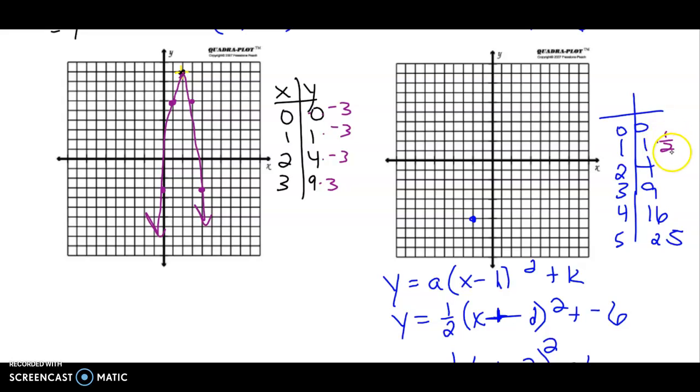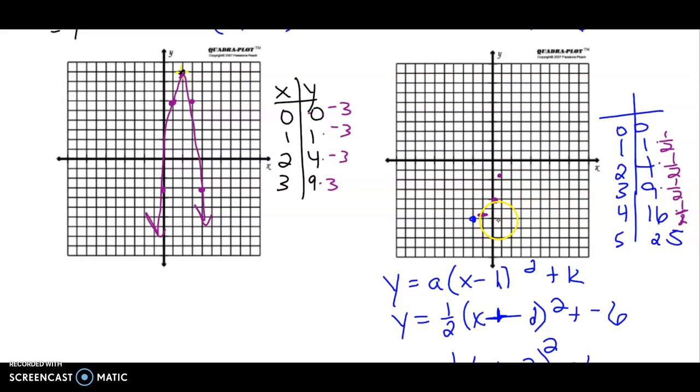So times half. Cut it in half. And so on. So instead of 1 squared is 1, it's going to be 1 squared is 1/2. 2 squared instead of 4, it's going to be 2 squared is 2. 3 squared is 9. Half of 9 is 4.5. Just kind of go right in the middle as best you can.